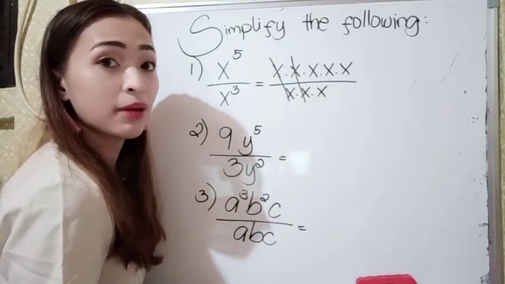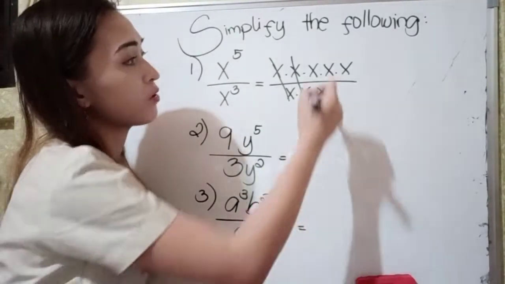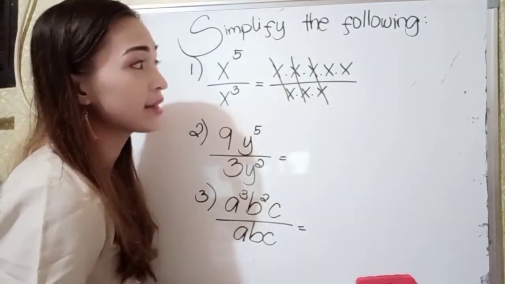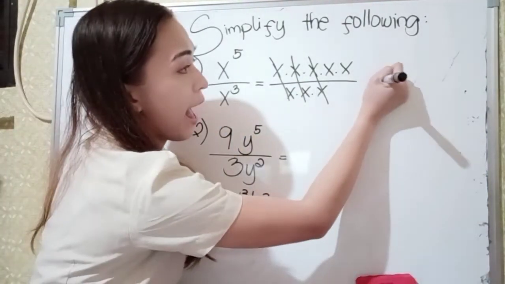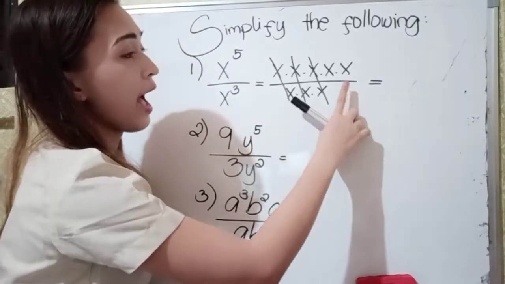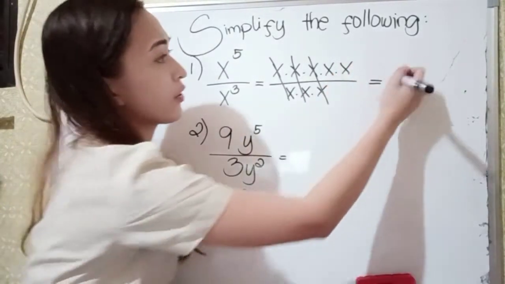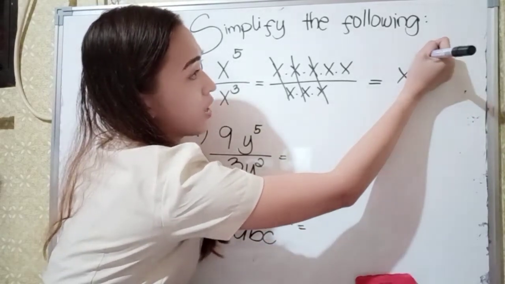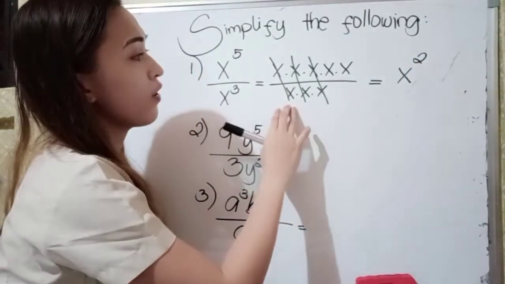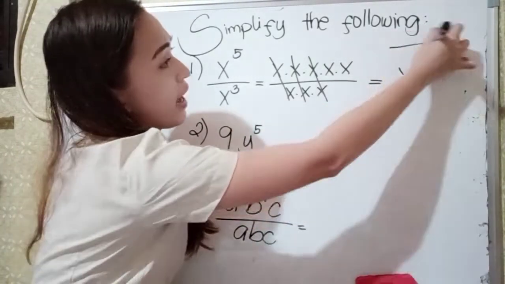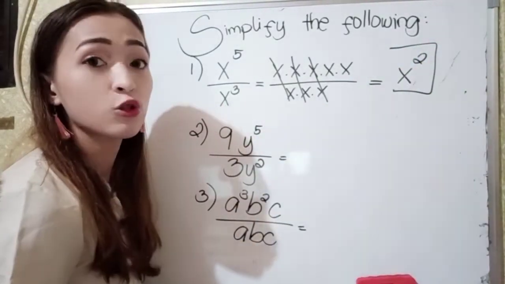Also, x divided by x is 1, so that is also canceled. And x divided by x is also 1, so that is also canceled. Since we have 2 x's in the numerator, we will write x squared. Since we don't have any value in our denominator, our answer is x squared.